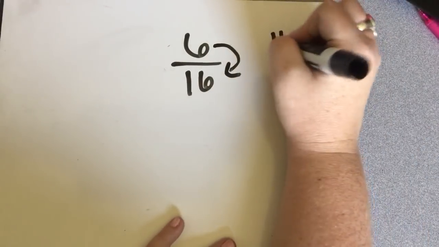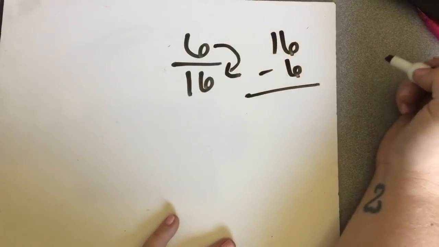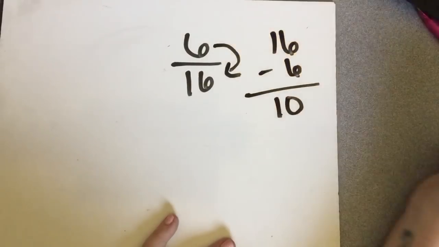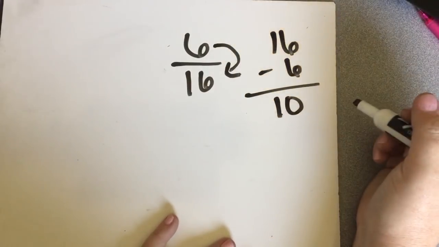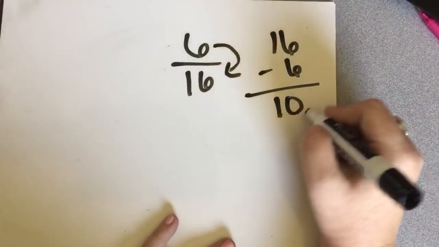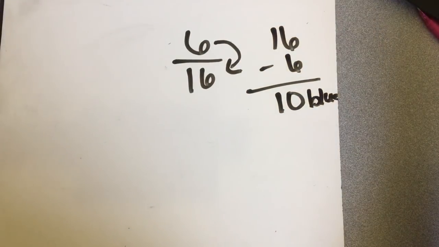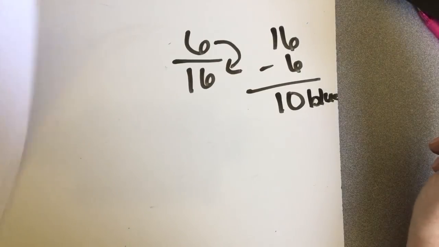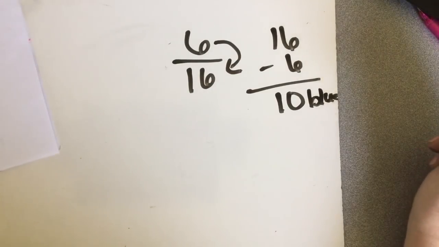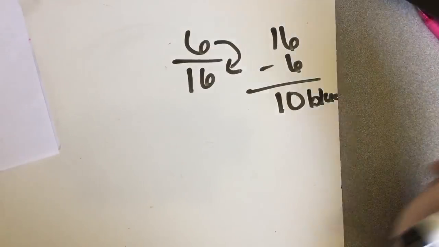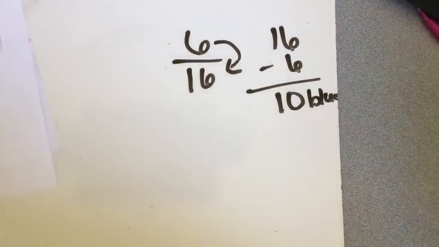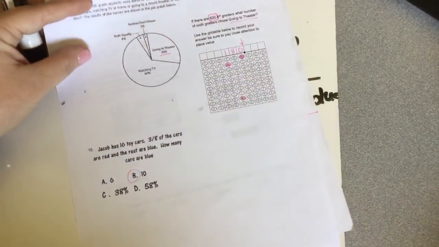So 16 minus 6 leaves me with 10. So how many cars are blue? 10 are blue. That was really easy, and that wasn't exactly how it was taught. But I would definitely just do it that way, to be honest. Okay, so that answer is going to be B.